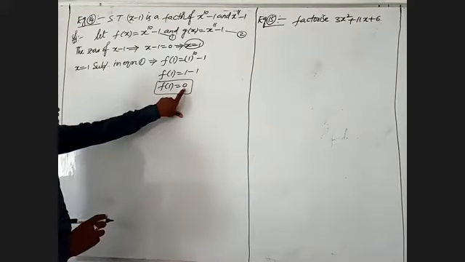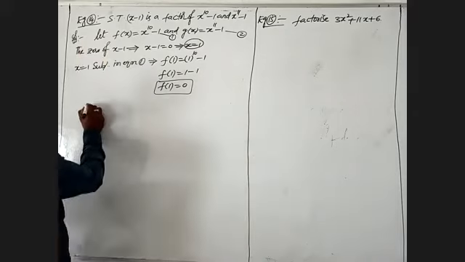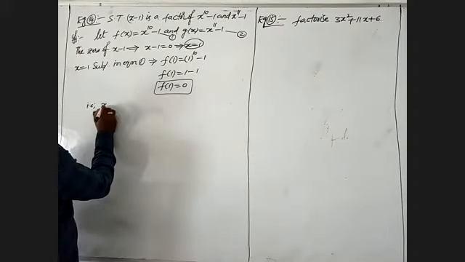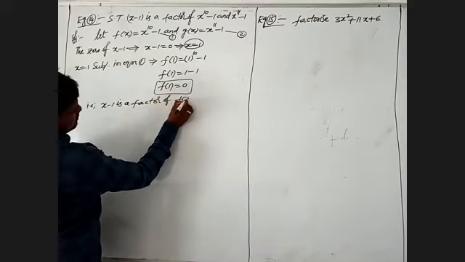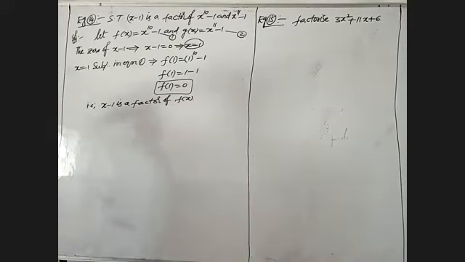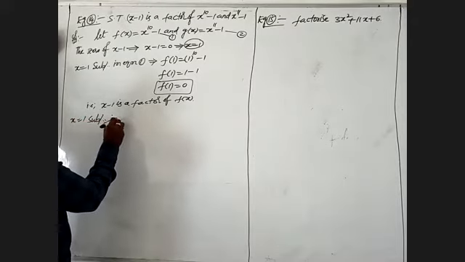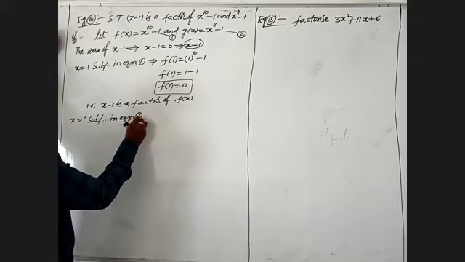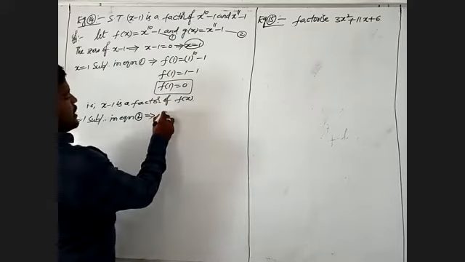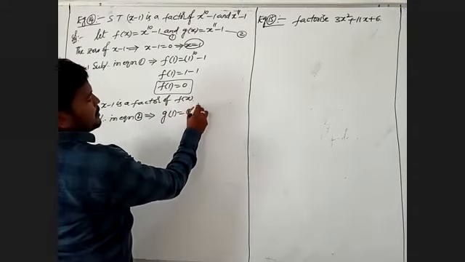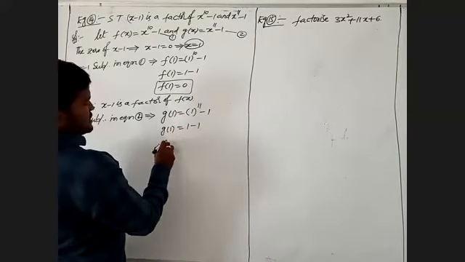The remainder must be 0, which means x minus 1 is a factor of f of x. After that, substituting x is equal to 1 in equation 2: g of 1 is equal to 1 power 11 minus 1. 1 power 11 is equal to 1, and 1 minus 1 is equal to 0.